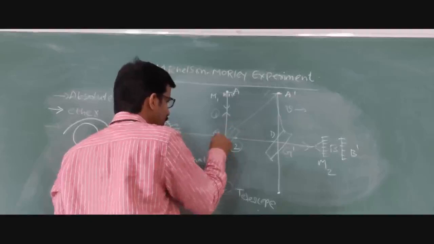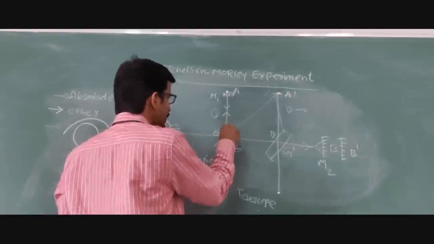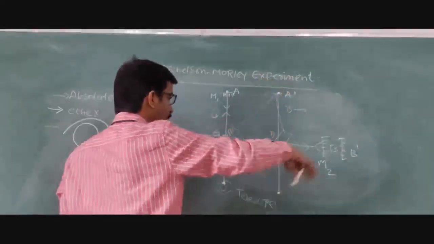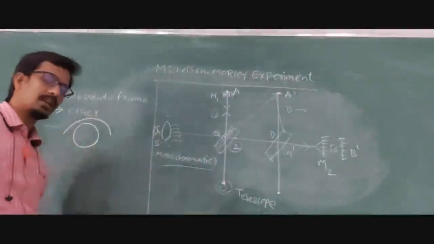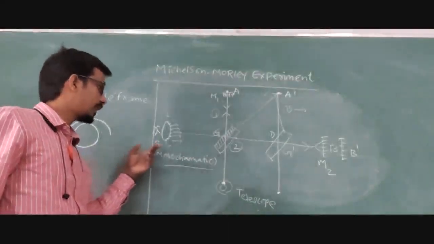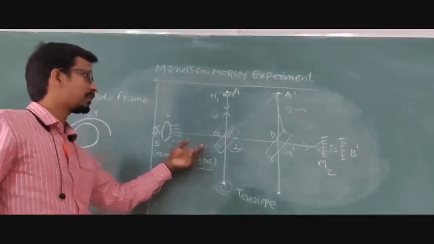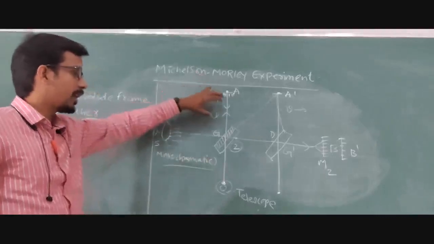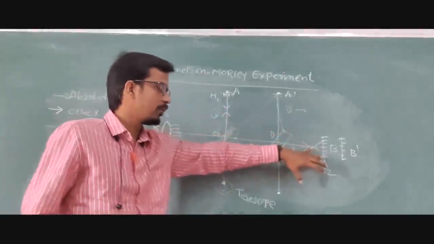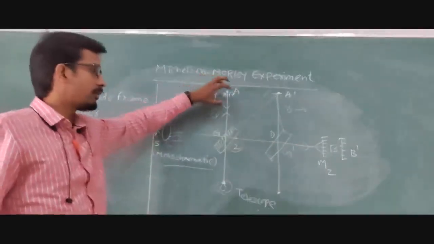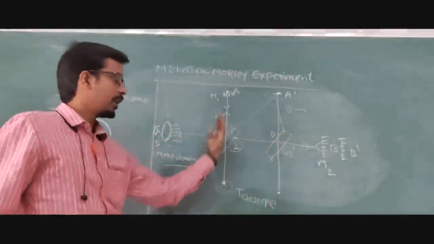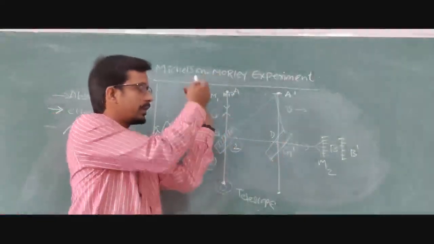Semi-silver. Half of the part is reflective and another part is transmitting. Overall, what are the requirements for the diagram? We are using the telescope, a source of monochromatic or single-wavelength light, a lens, a semi-silver glass plate, and two mirrors, M1 and M2, placed at the sides A and B. Like this, the light can go at 90 degrees.